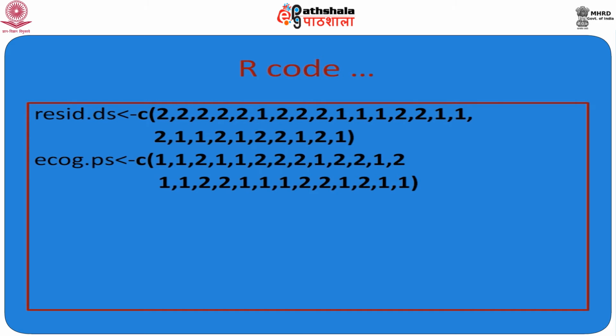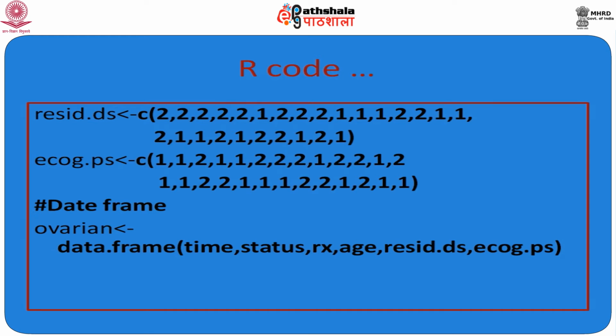Now all variables like time, status, Rx, age, residual DS and ECOG are assigned to a database called ovarian through the function data.frame. Now we will work with this database, ovarian, with a specific package to get the Aalen estimator.